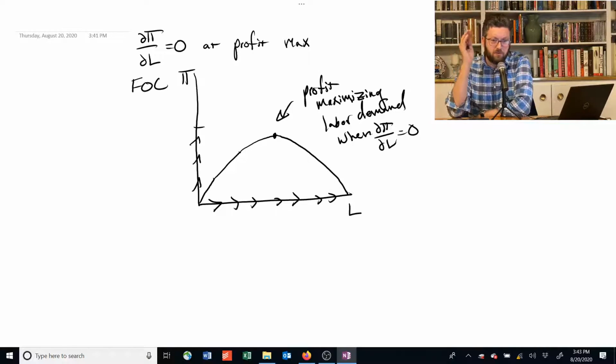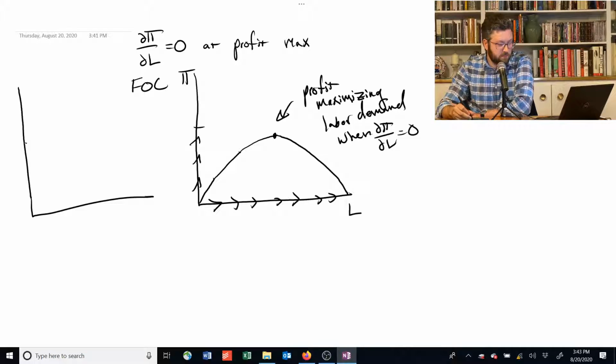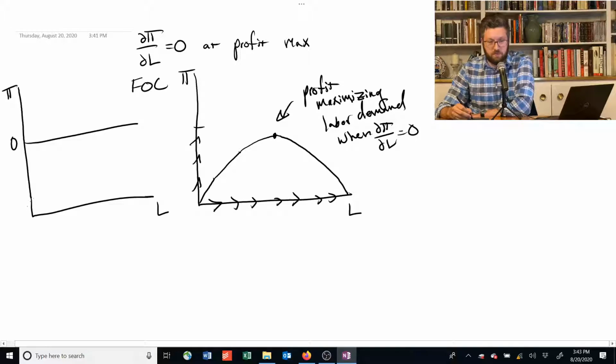Now, that's how things are normally going to be, and we'll explain why in a minute. But first, we need to rule out a kind of alternative case that would be bad for us, okay? Suppose instead of what I just drew, we have this. Here's 0 profit. Here's labor, and this is actually down here negative profit, so losing money.